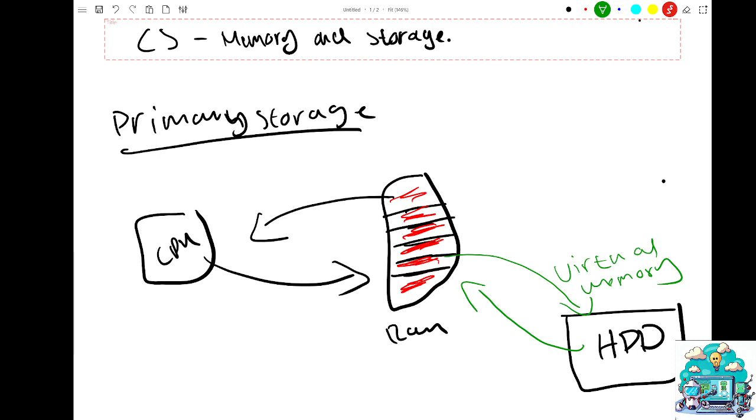One drawback of virtual memory is that it's slow, which means the CPU needs to do more fetch-execute cycles in order to retrieve its data from secondary storage.